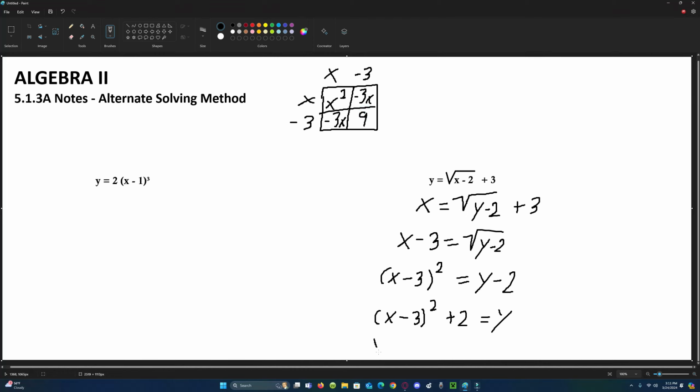So we could do x squared, and then negative 3x and negative 3x would equal negative 6x. And then we have 9 here, and we also have this plus 2. So 9 plus 2 would equal 11. And that would equal y. This would be the simplest form, so this would be the best answer.